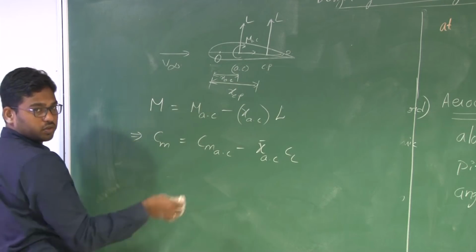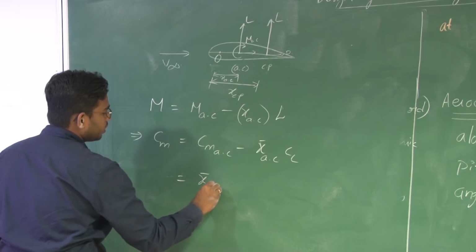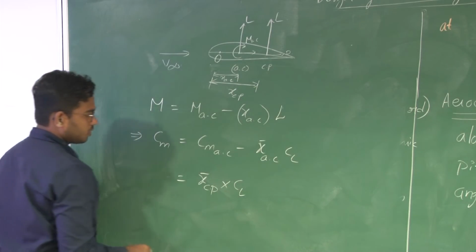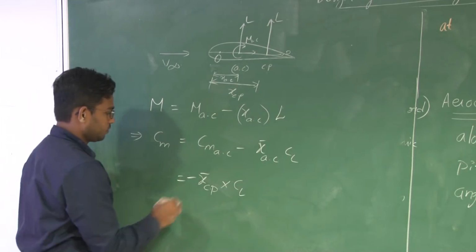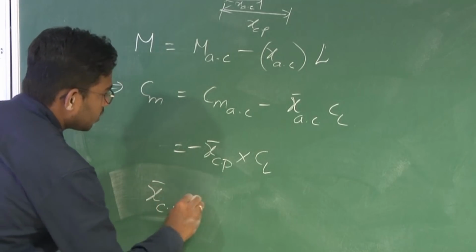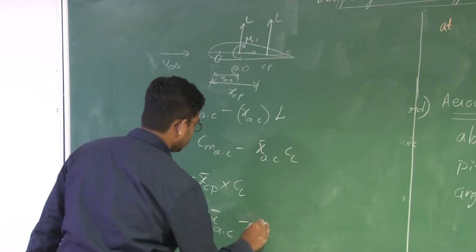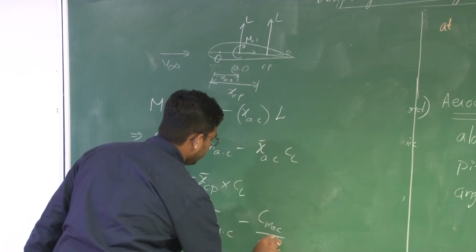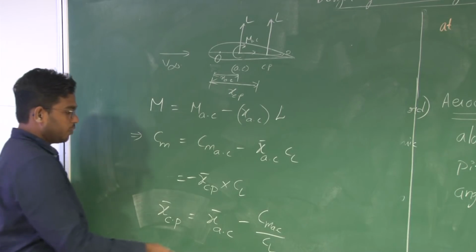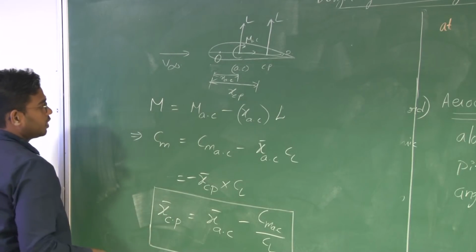Both the moments should be equal. So Cm should be equal to minus x bar CP into CL. Therefore x bar CP is equal to x bar AC minus CmAC by CL. CmAC remains constant. This is the relation between center of pressure and aerodynamic center.